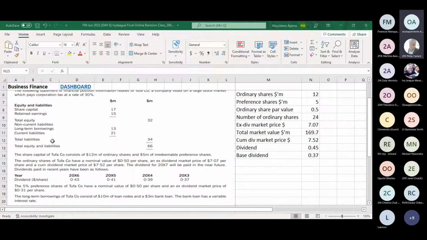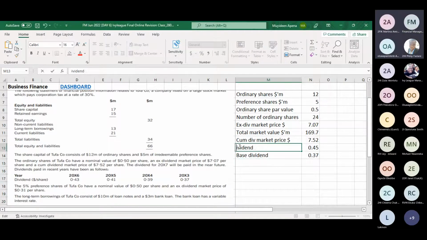To calculate growth. So to calculate growth, what do we now do? Formula: current dividend divided by base dividend, to the power of one over n minus 1.